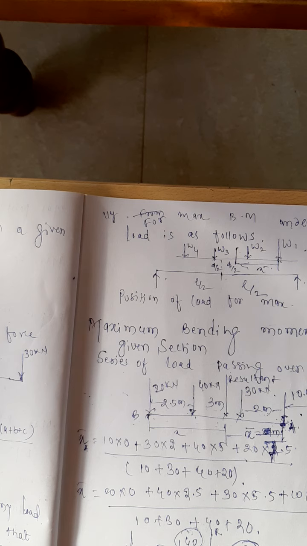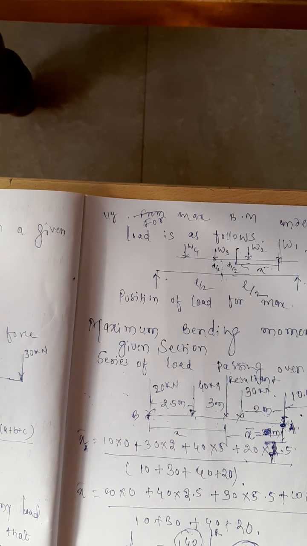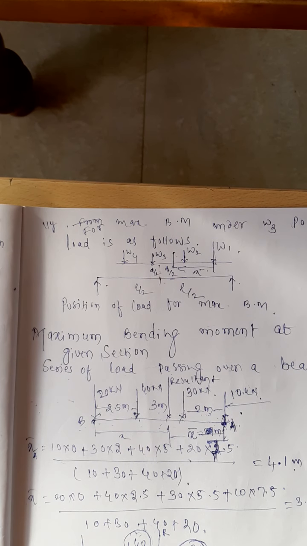Second one is the maximum bending moment at a section. Third one is the absolute maximum bending moment. Whatever may be the position of the section, whatever may be the position of the load, I want the maximum bending moment in the beam. That is called the absolute maximum bending moment.